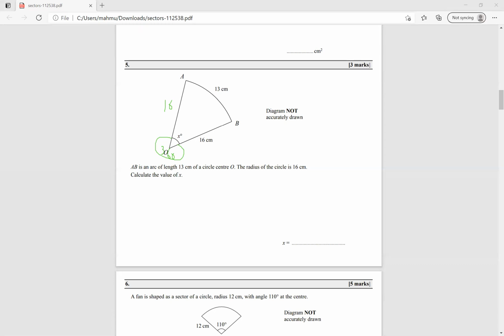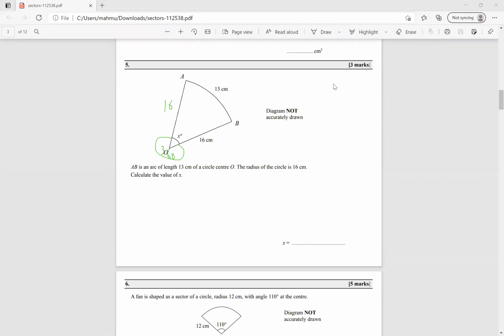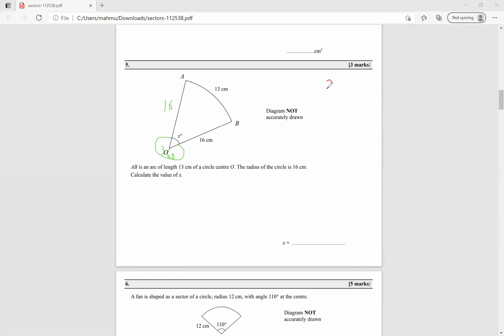So what you should do, I'll start you off. We know to work out the area, x, the angle, divided by 360, right?